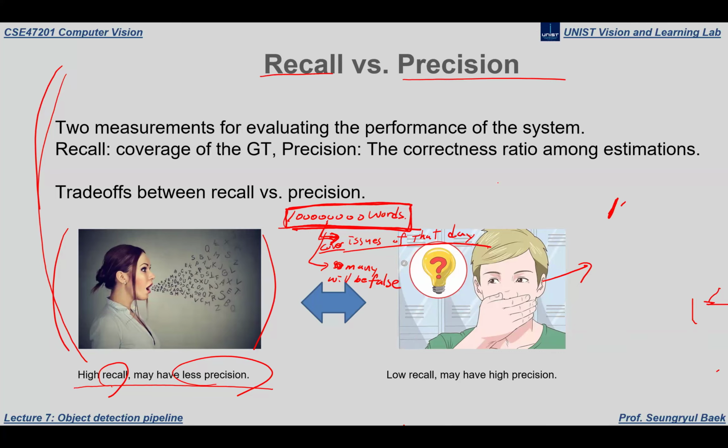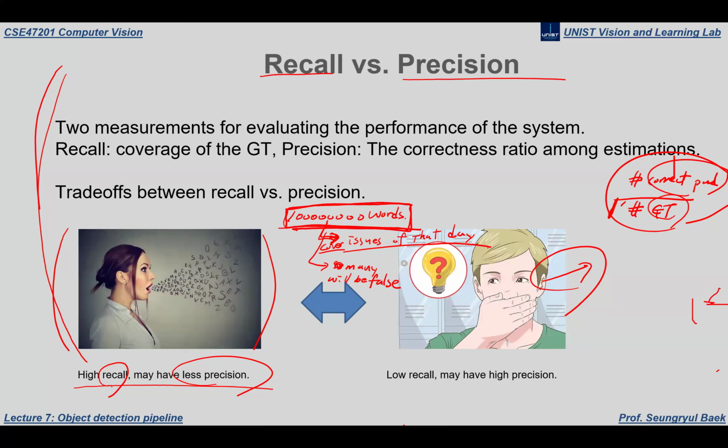But if an algorithm's prediction count is small, then the number of correct predictions over the number of ground truths is lower. Because it has fewer predictions, it has less probability to cover all the ground truths.